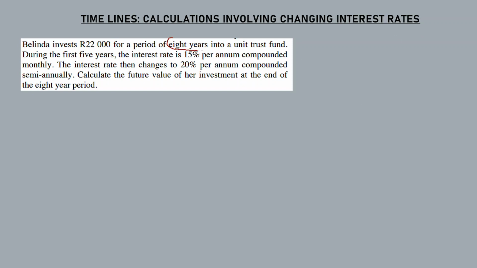So for 8 years, during the first 5 years, there's an interest of 15%. The interest changes to 20% compounded semi-annually. Calculate the future value at the end of the 8-year period. So 15% for the first 5, and then for the remaining 3 years, it's what? It's 20%. Now we have to calculate the future value of an investment at the 8-year period.